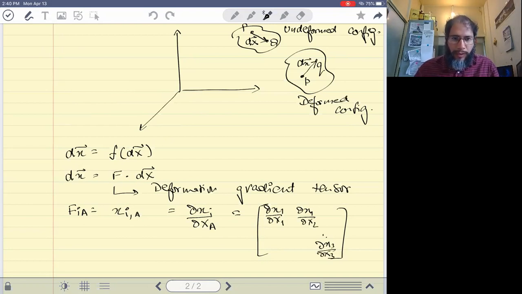It has two free indices, i and A, so it is a second order tensor, as we already know. If I can tell you what this tensor is, then you have all the information you need to quantify the deformation around the point P. And if I tell you what this tensor is for all possible points in the undeformed configuration of the body, then you have the information about the complete deformation of the body. So that's what we did last time.